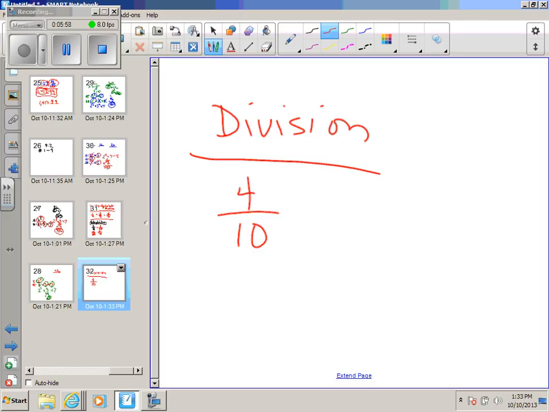Nope. Why not? Because it won't go into them. They're not all divisible by the same thing. I need to find out what it is that I can divide a 4 and a 10 by so that I can break them both down. So 2: 4 divided by 2 is 2, 10 divided by 2 is 5. Okay.